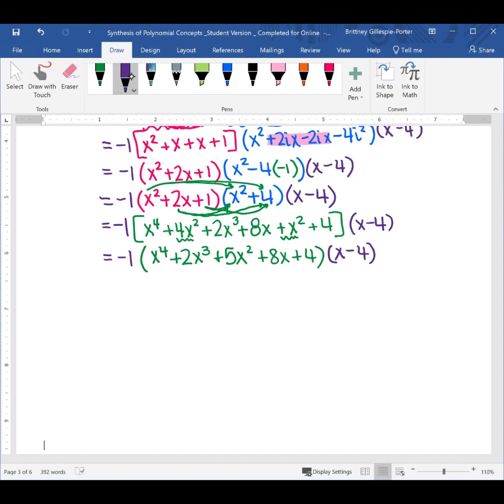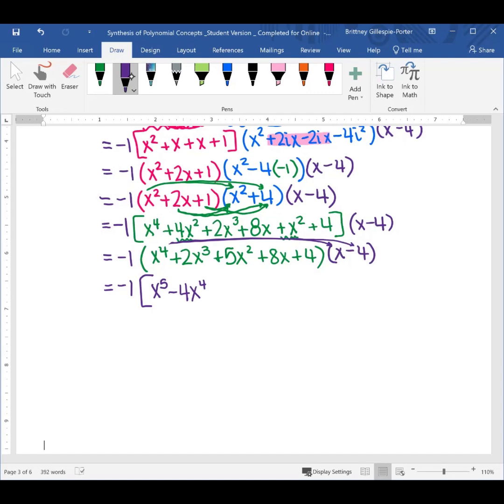We're at the second to last step. Let's go ahead and multiply our terms out, leaving my negative 1 along for the ride. So x to the 4th times x gets me x to the 5th. X to the 4th times negative 4 gets me negative 4x to the 4th.